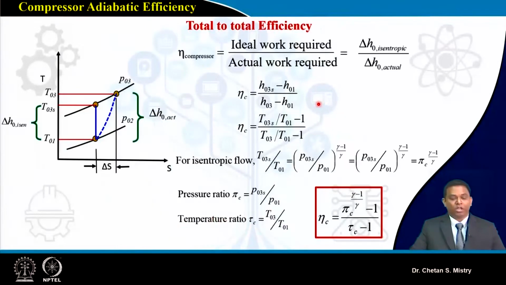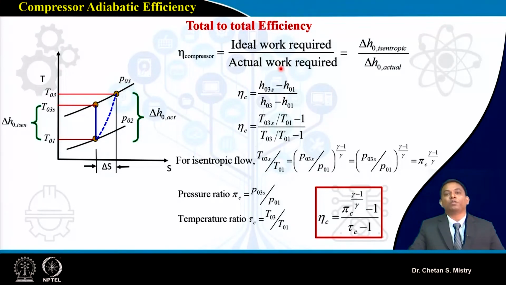So if I represent my compression process again here, this is my representation for the isentropic temperature rise, and this is my actual temperature rise, or we can say my enthalpy rise. Now what we know as efficiency, we write as my ideal work divided by actual work required. Do not get confused.